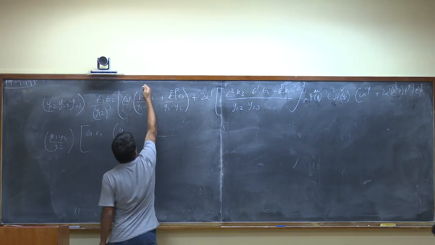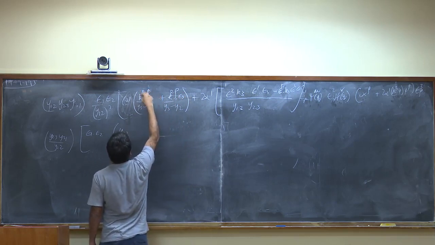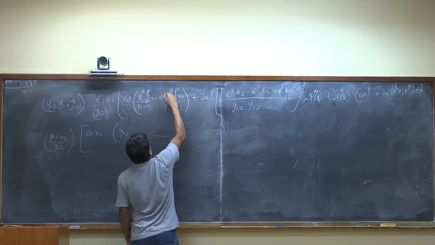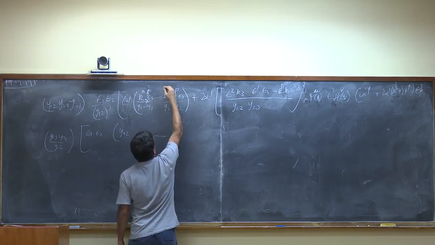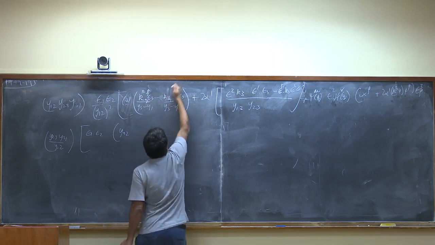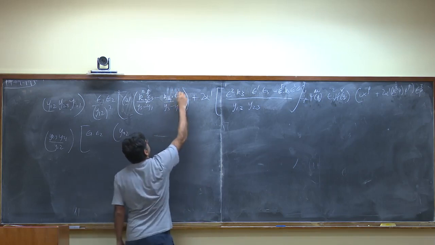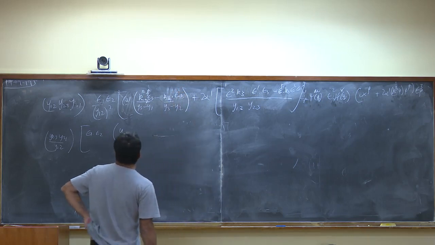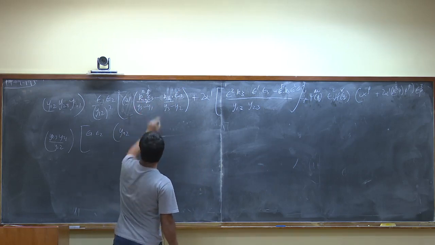So let's make this k12 dot epsilon 3 by 2, and this is minus k12 dot epsilon 3 by 2. Is that good? And now this is y3 minus y2 minus y3 minus y1.